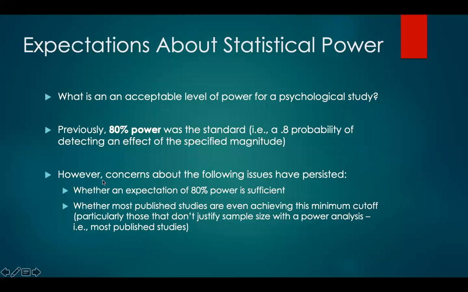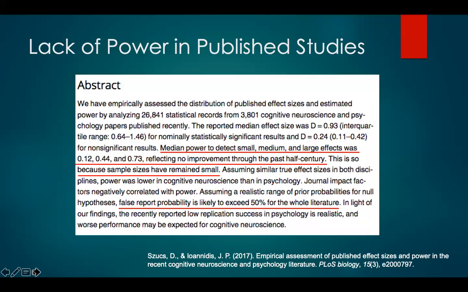However, there are concerns about following this old recommendation. Now, people wonder whether an expectation of 80% power is sufficient. And people also wonder whether most of the published studies are actually even achieving this minimum cutoff, particularly those that aren't justifying their sample size with a power analysis, which is most published studies in the field.